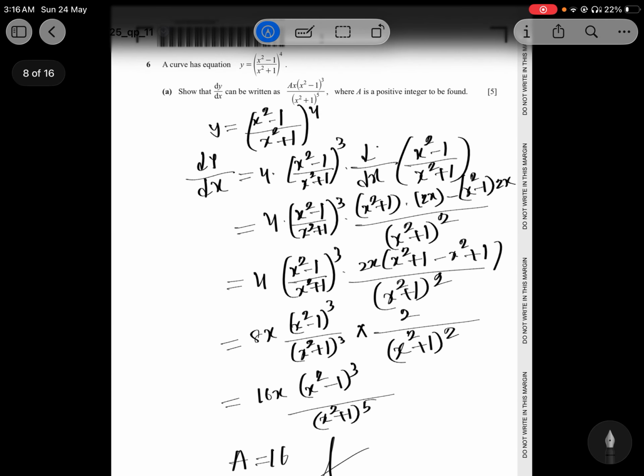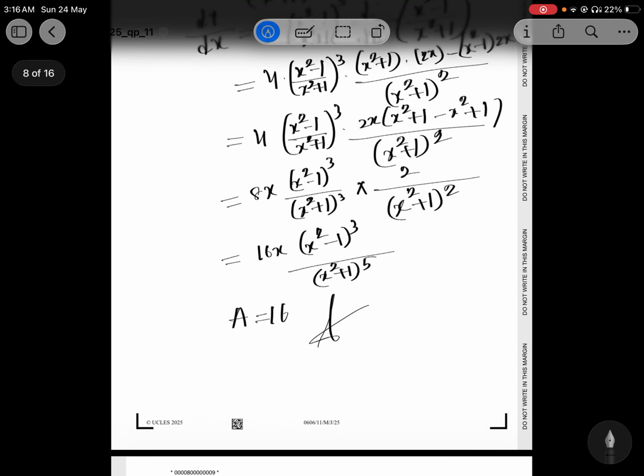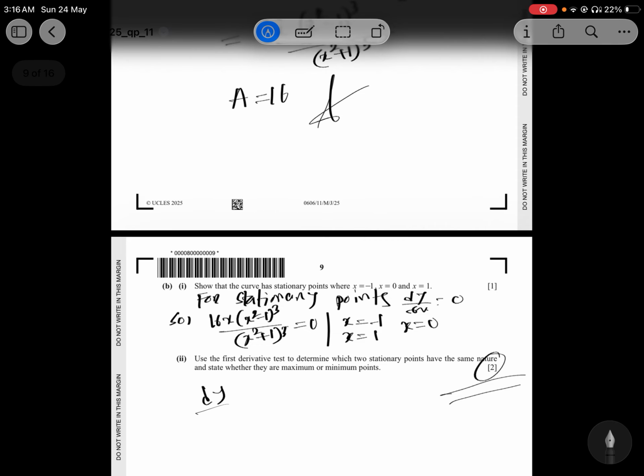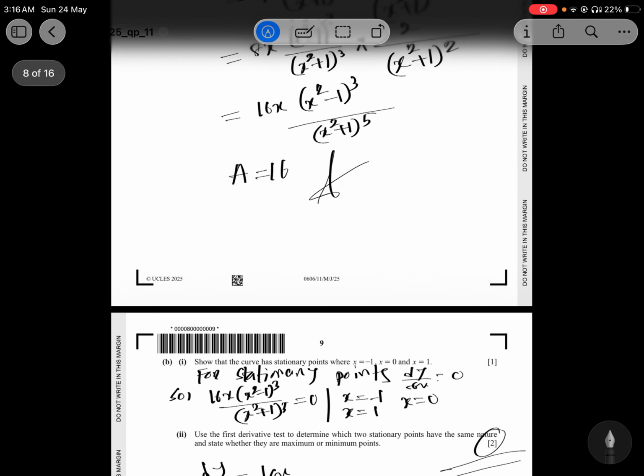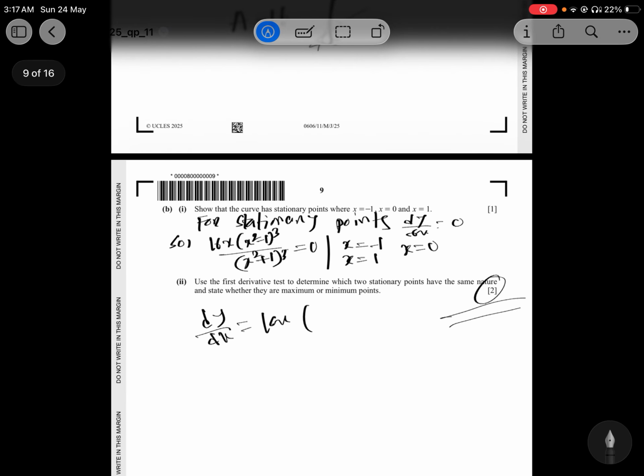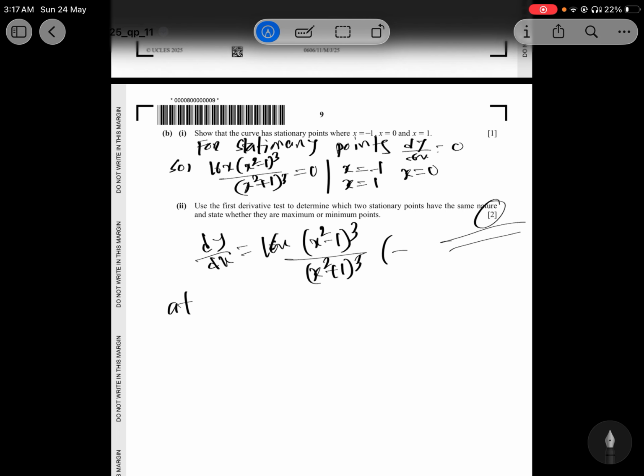Okay, what is our first derivative? dy/dx is equal to 16x times x squared minus 1 cubed over x squared plus 1 to the power 5, which is a positive sign at x equal to 1. 16 into 1, 1 squared minus 1, that would become 0. Cubed doesn't matter, it will become 0.